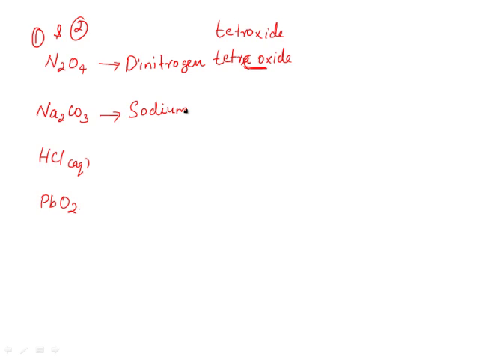The ite ending represents the smaller number of oxygens. So NO3 minus is called nitrate, NO2 minus is called nitrite. Sulfate, SO4 2 minus, sulfite, SO3 2 minus. Phosphate, PO4 3 minus, and phosphite, PO3 3 minus. What else will you see? Carbonate is important.